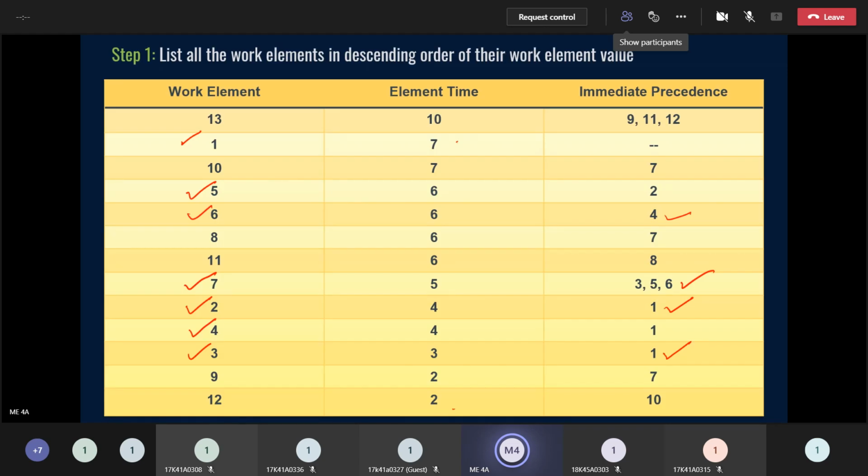What is the next element I can take? Again, start from the top. Sir, 8th one. Already 7th one is completed. Work element 8, precedence is completed. You can take 10 also. 8 takes how much time? 6 minutes.